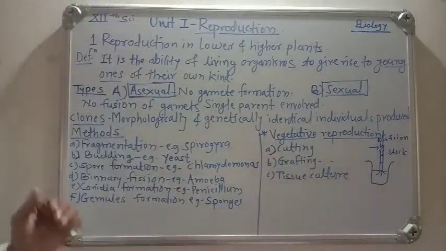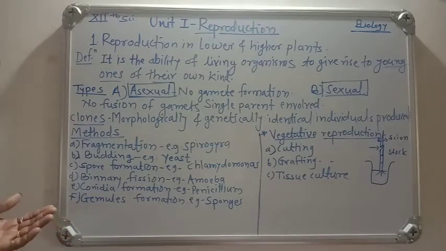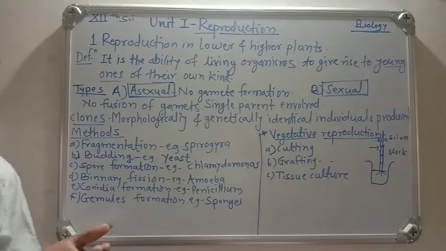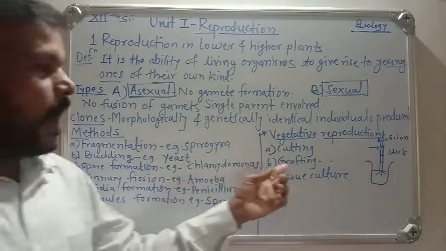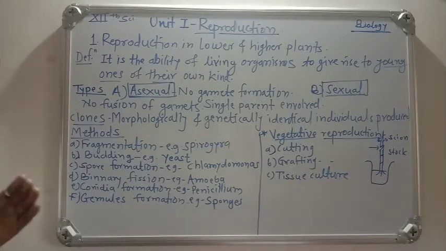The next point, grafting. Grafting is a popular process known to all farmers. You are the students of farmers, so you should know about grafting. Grafting is where two plants are used.